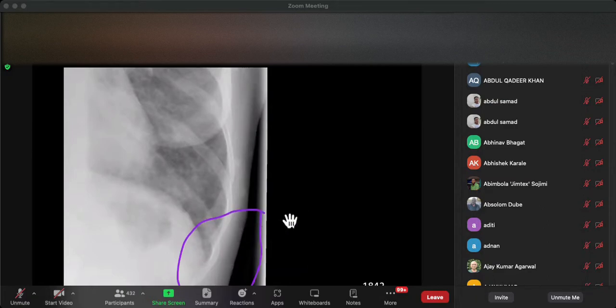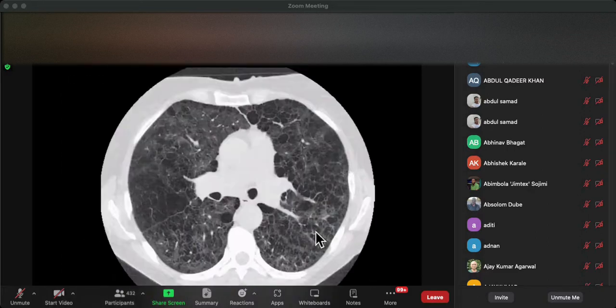Okay. So could this be neurofibromatosis? And in fact, what we're seeing here is a mixture of emphysema and cystic lung disease. And there's a neurofibroma, there's a neurofibroma, there's a neurofibroma. So this patient has got neurofibromatosis.